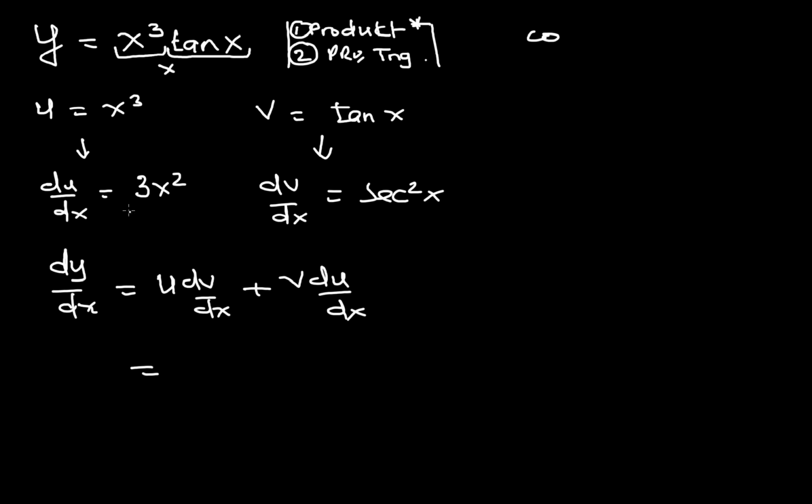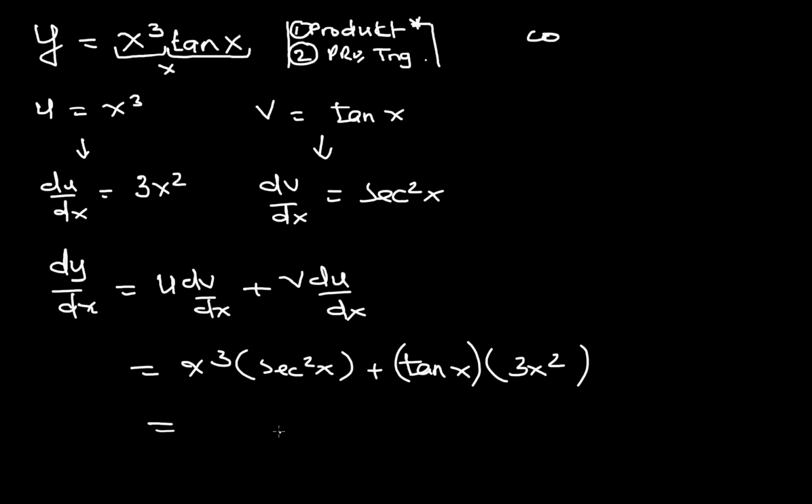So this is going to be u, x^3, then dv dx is sec squared x, plus then we're going to have, we said here that we're going to have v, which is tan x, so you have to put them in the right places, and then so I'll put this in brackets, and then we're going to have du dx, which is this one, 3x squared.